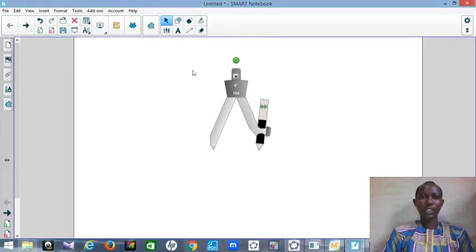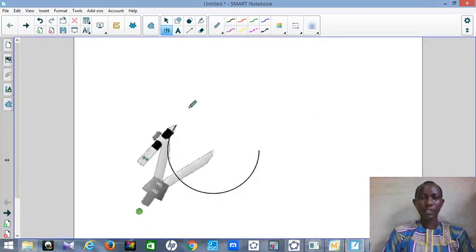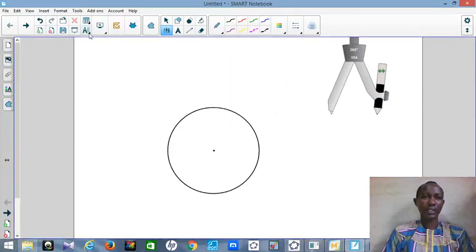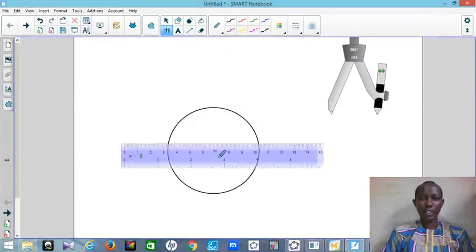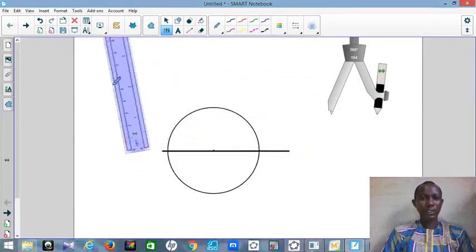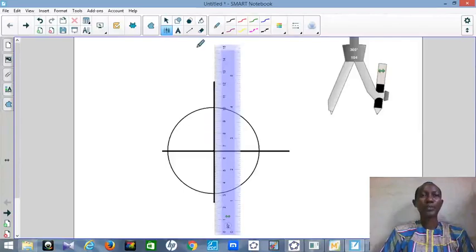So on your paper, you get your compass and your pencil, you draw your circle, then you get your ruler so that you get your equator line. So this is what you do when you want to submit your work on paper.